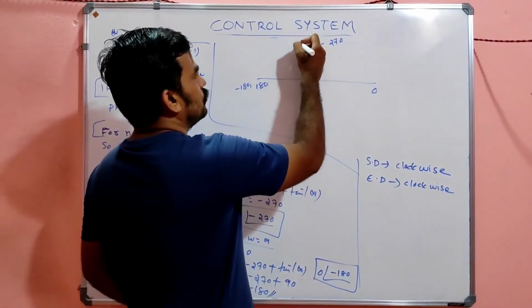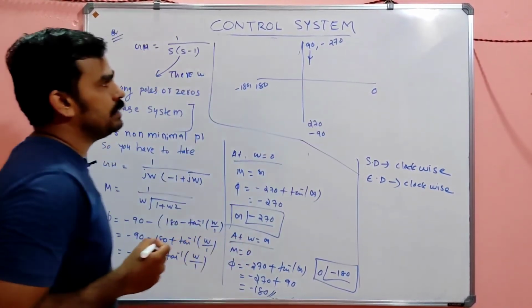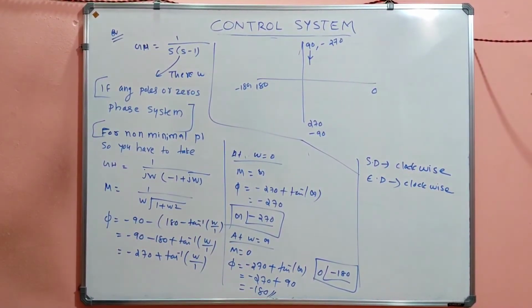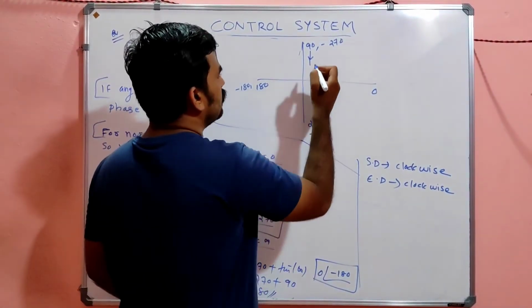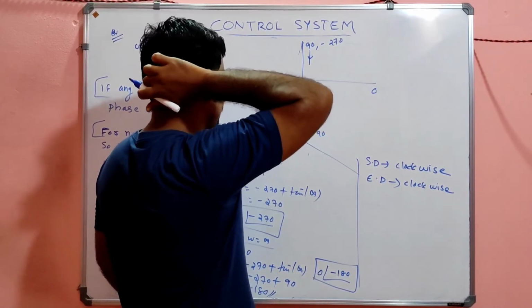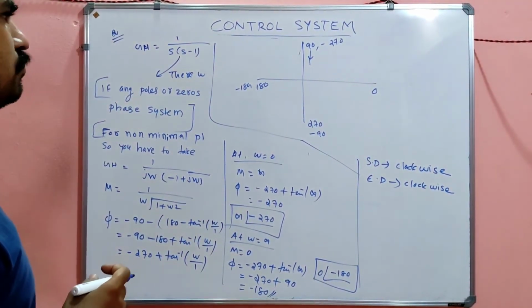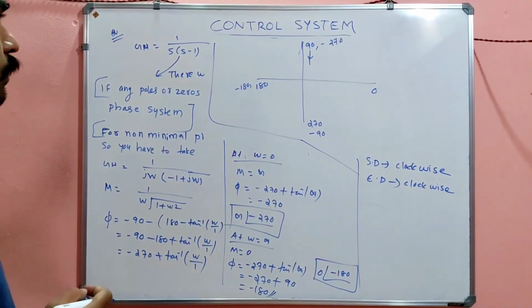Since both directions are clockwise, you have to start from infinity angle minus 270 and end with 0 angle minus 180. Both clockwise, right?